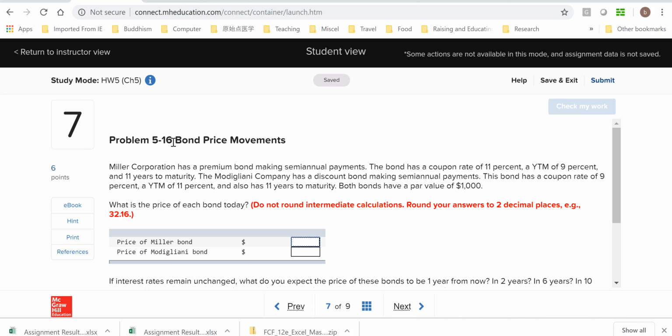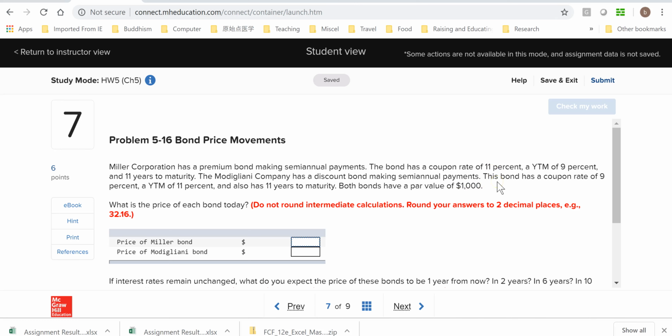So the coupon rate is 11%, but we should realize the setup tells us this is a semi-annual payment, so we should work with semi-annual numbers for each variable. That means the coupon rate 11% means that the annual coupon payment is 11% multiplied by the par value of $1,000.